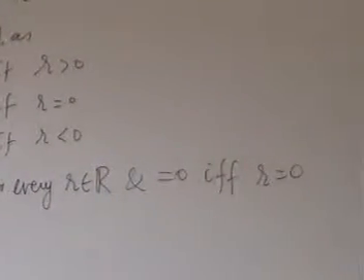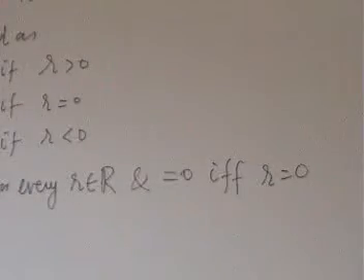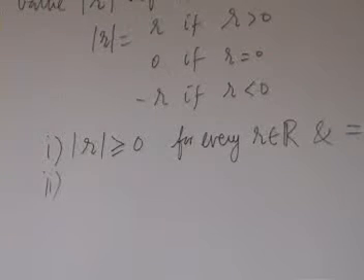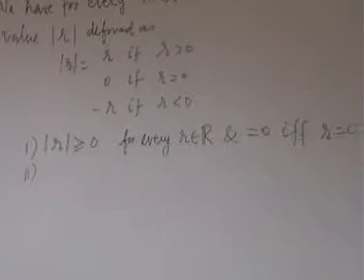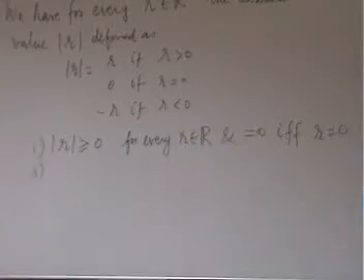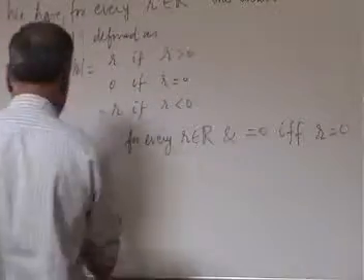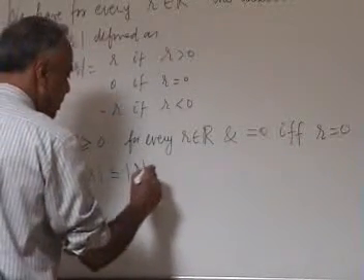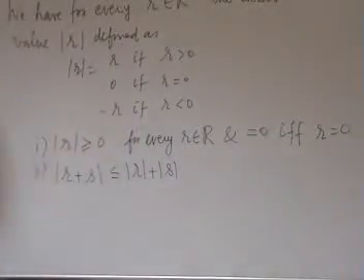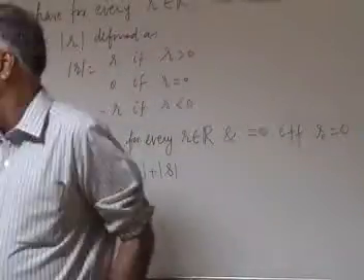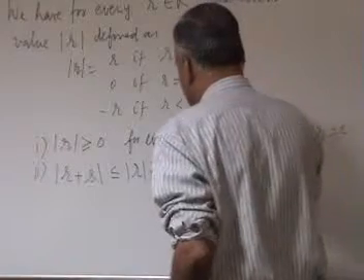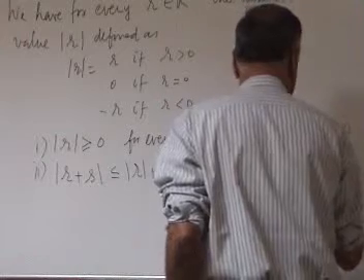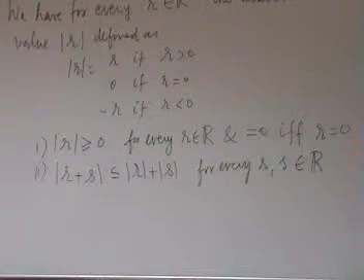The second and third important properties are the following. Basically, there are two arithmetic operations with real numbers. One is addition, the other one is multiplication. What does this absolute value do to these two operations? To the first operation we get the so-called triangle inequality for absolute values: the absolute value of r plus s is less than or equal to the absolute value of r plus the absolute value of s, for every r and s.